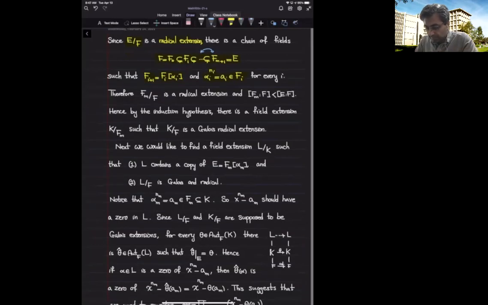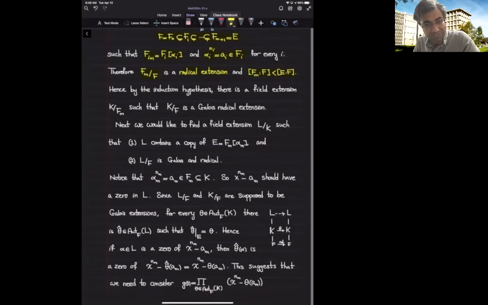So this smaller subfield is still a radical extension over the base field capital F. Now I can use the strong induction hypothesis for this radical extension, because the degree of this extension is strictly less than the degree of E over F. I'm allowed to use the strong induction hypothesis.